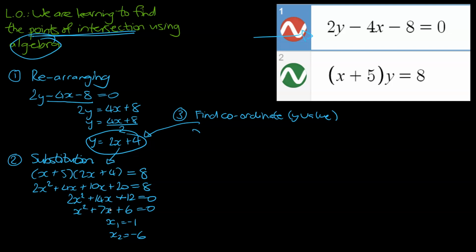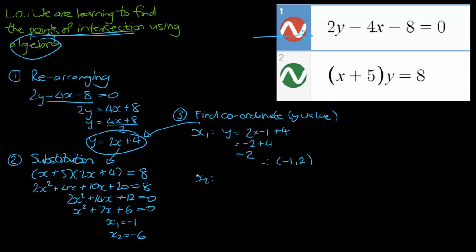So if we're dealing with x1, y is equal to 2x plus 4, so it's going to be 2 times minus 1, and that minus 1 comes from our first value of x, plus 4. So that's going to be minus 2 plus 4, which is equal to 2. And that means our first coordinate is negative 1, comma 2.